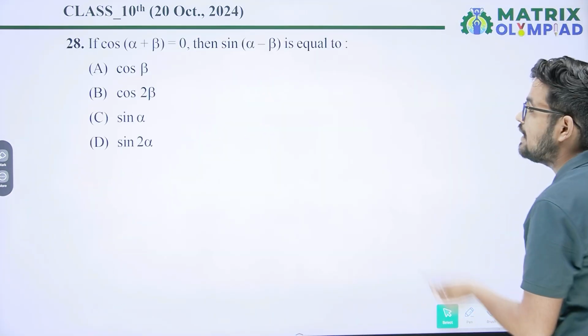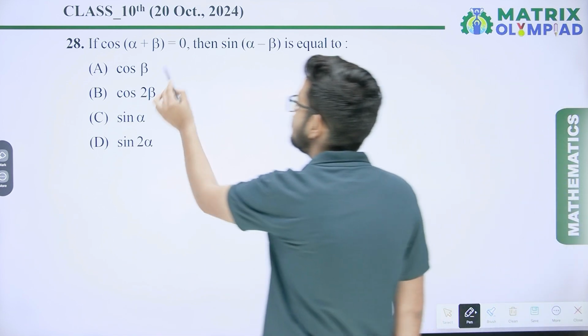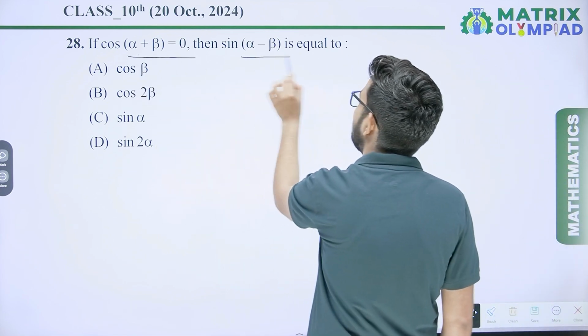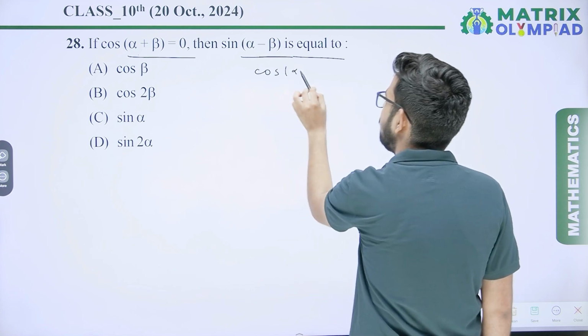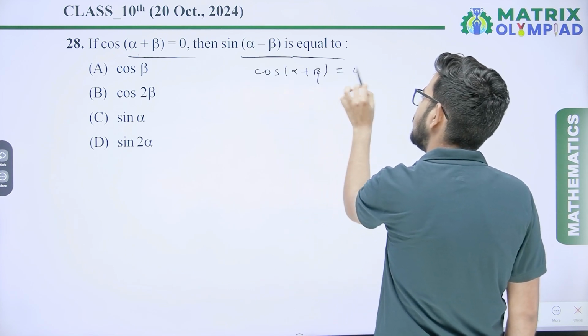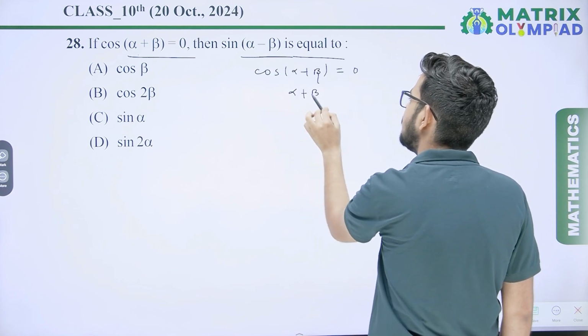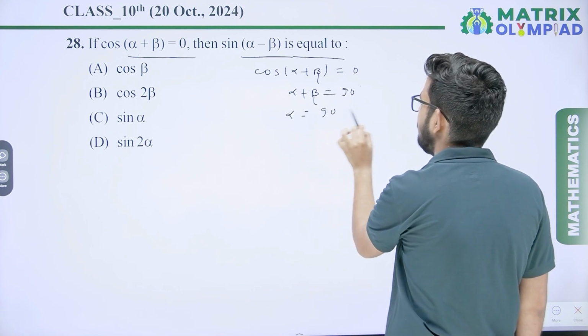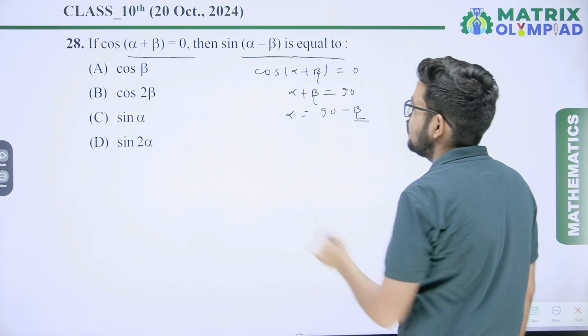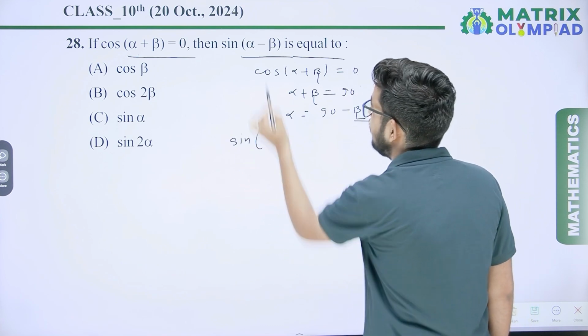In question number 28, if cos of alpha plus beta equals 0, then sin of alpha minus beta is equal to. Okay, cos of alpha plus beta equals 0. It means alpha plus beta equals 90 degrees. So the value of alpha equals 90 minus beta. Now sin of alpha minus beta.